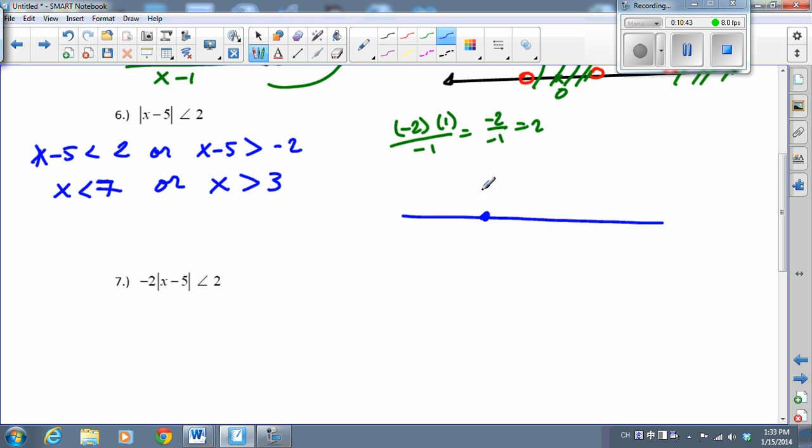If this is 3 and this is 7, if it's less than 7, it means that it's going this way. If it's greater than 3, it means that it's going this way. So your solution is from 3 till 7. Because I didn't have or equal, I will put parentheses. That's one way of solving.